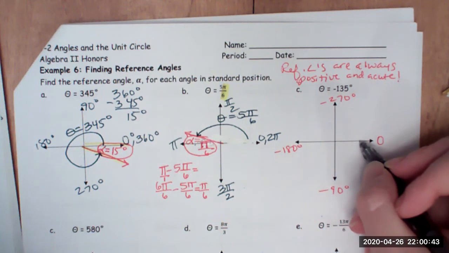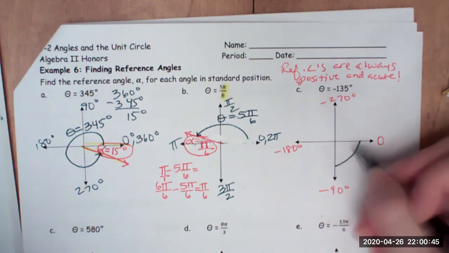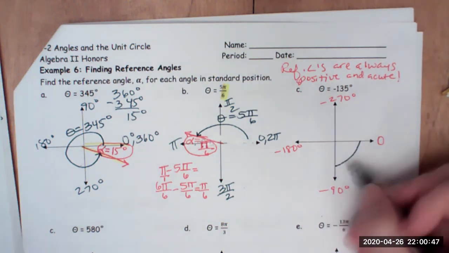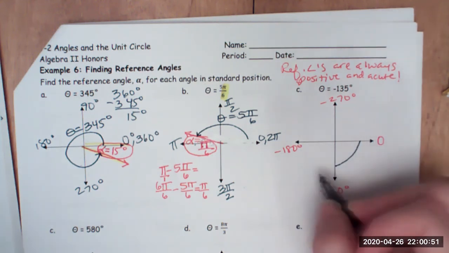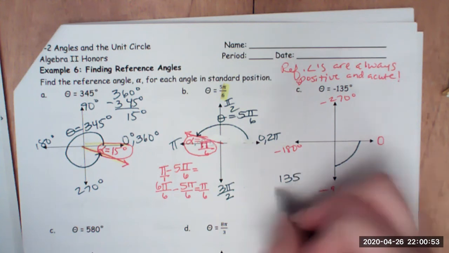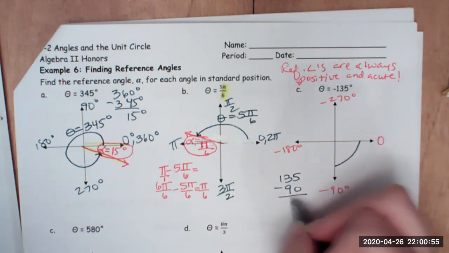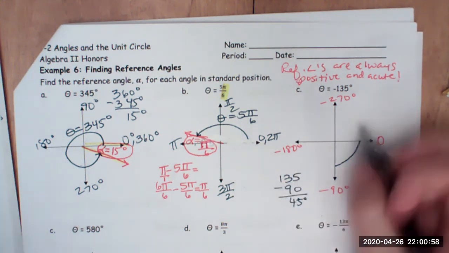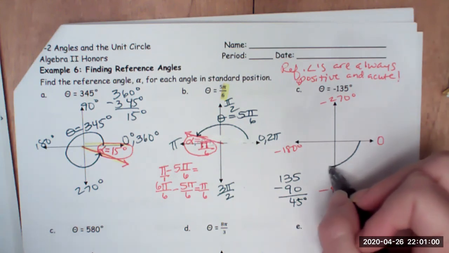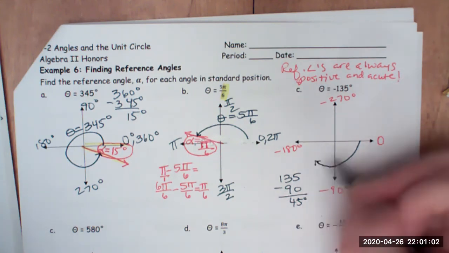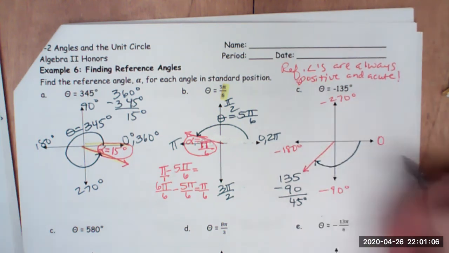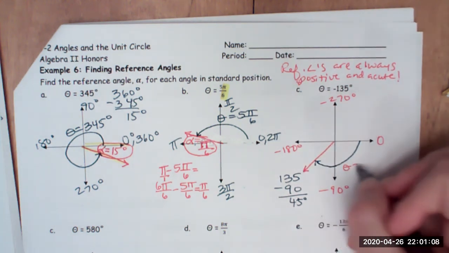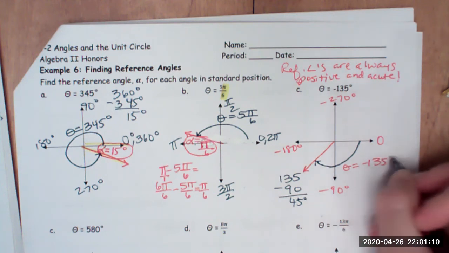If I travel here 90, and you're not sure how much farther you need to go, you can do what we did before: 135 minus 90, we have 45 degrees left. So we travel here, we stop, and here is the terminal side of the angle. So we have theta equals negative 135.